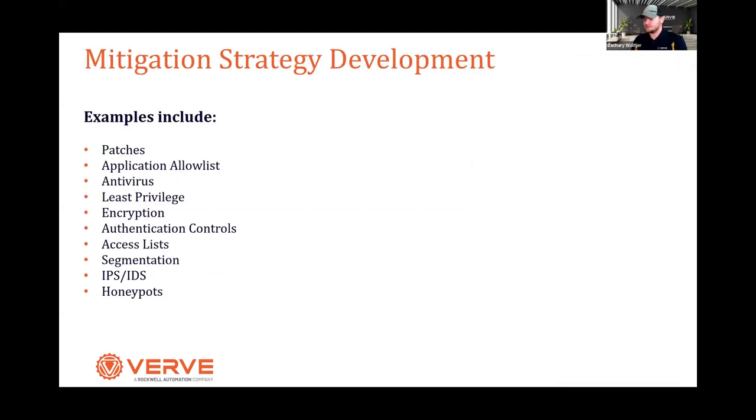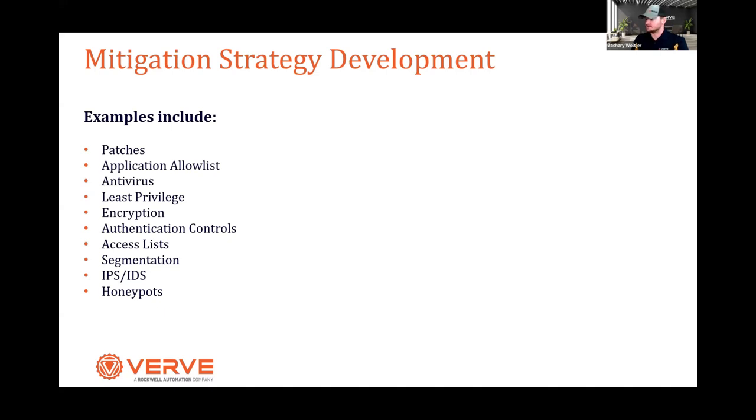So, mitigation strategy development. Now that we have a defined list of at-risk devices, we can start the mitigation, like I mentioned before with the prioritization. You can take these initial ones and say, okay, we can patch these to lower the risk even more. We can segment it out.